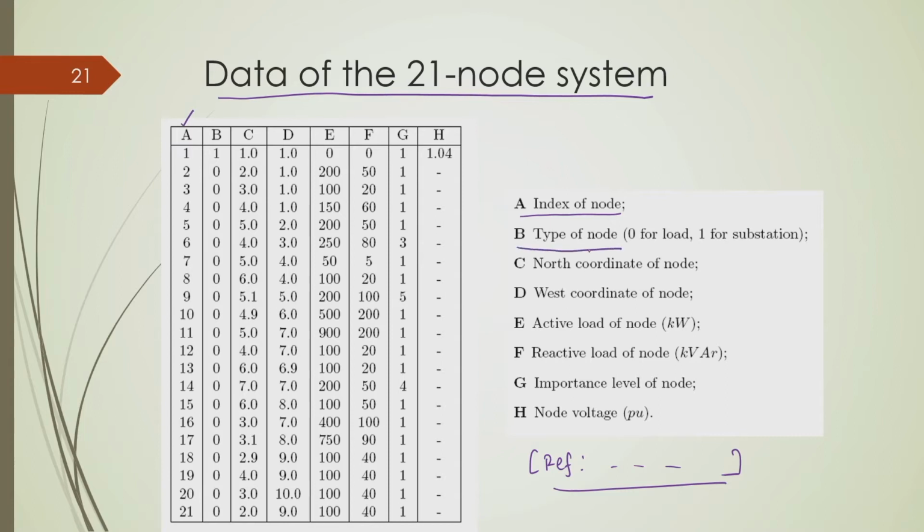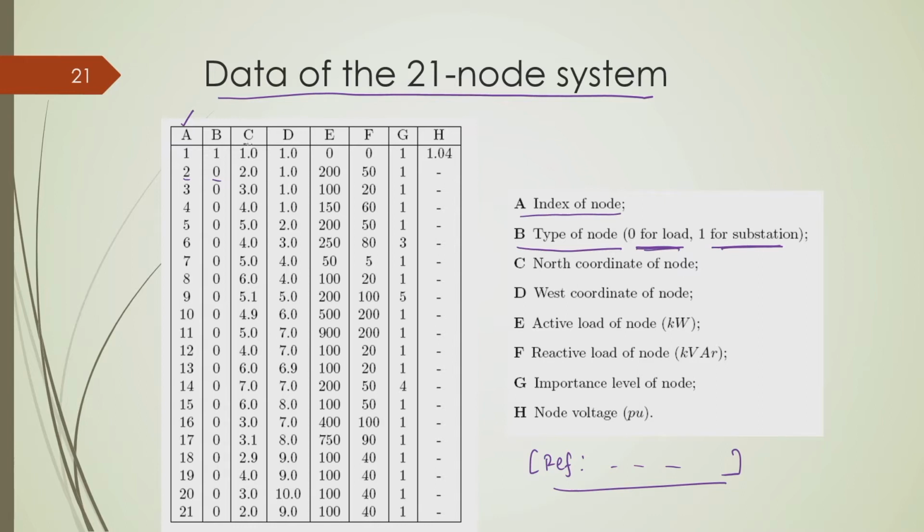Column B represents the type of the node. Okay. So, node 1 is of type one, that means it is the substation, and all other nodes, from node 2 to node 21, have entries of 0, meaning that they are load nodes. That means that we have some loads connected to these nodes.